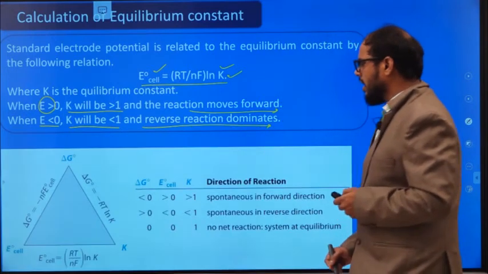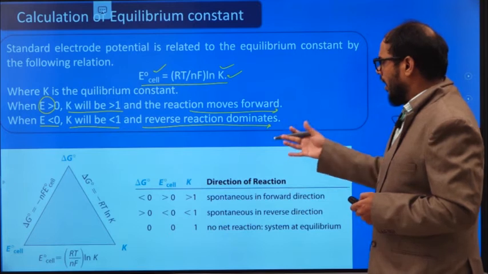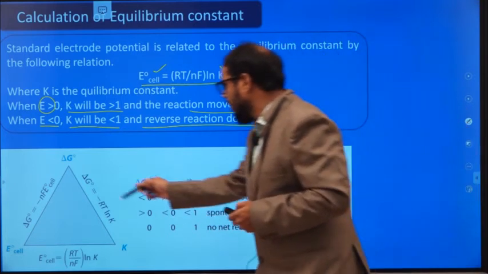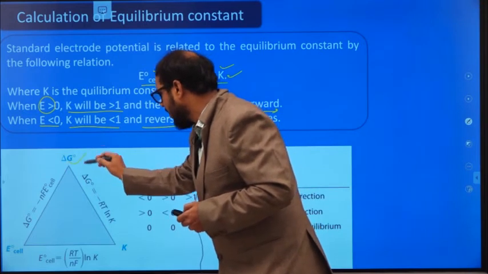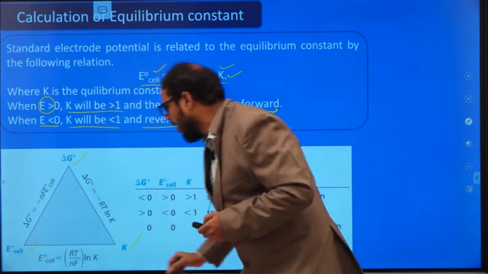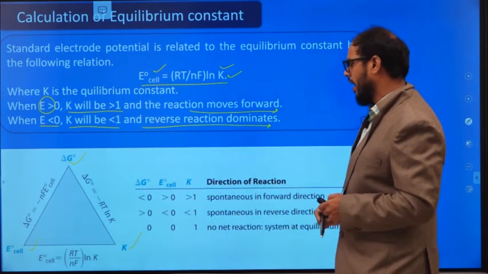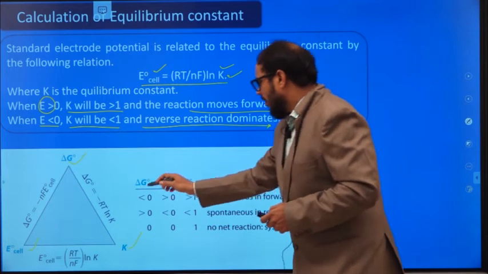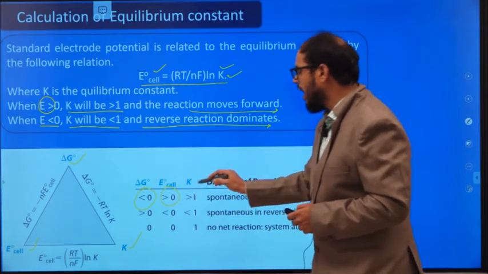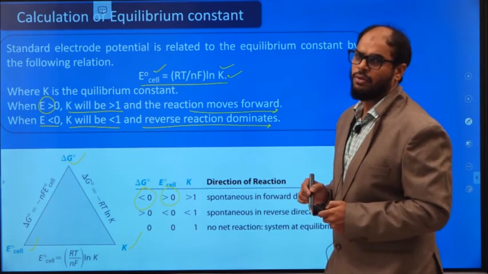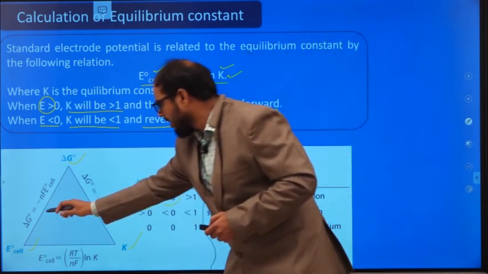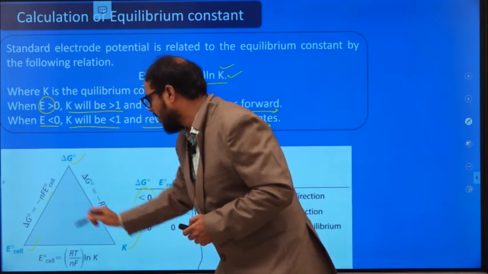So we can understand the spontaneity of the reaction as well as the direction of the reaction using a simple triangle where the delta G value, the equilibrium constant and cell potential occupy the three corners. Whenever the cell potential value is more than 0, that means a positive value, delta G will be negative, because delta G is minus nFE naught cell.